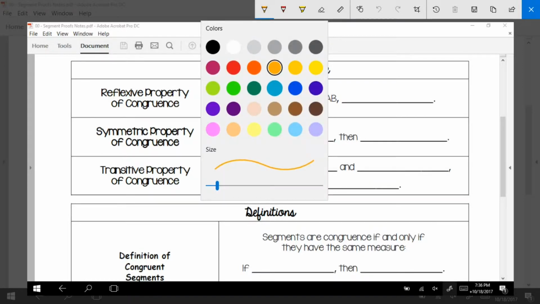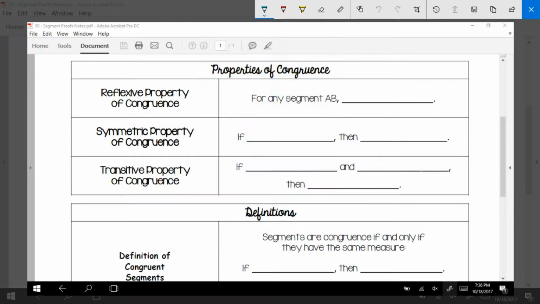So for any segment AB, AB is congruent to AB. It's congruent to itself, okay? Remember, we have to put the line segment symbol over the letters because we're talking about the shape of the segment.